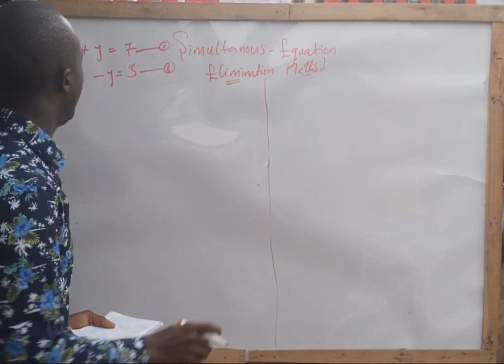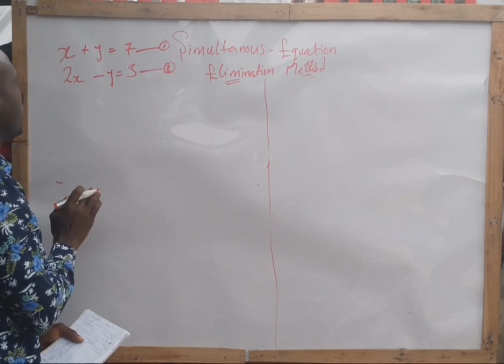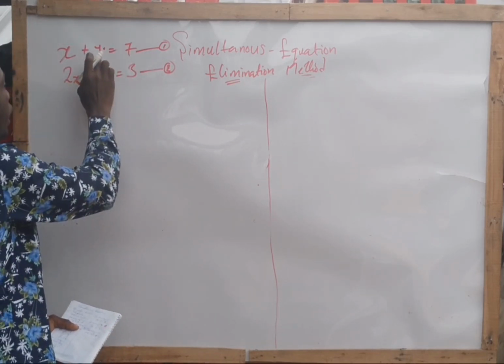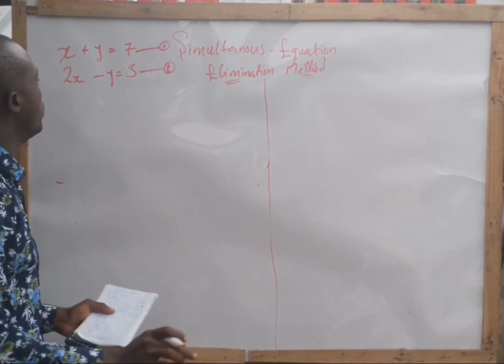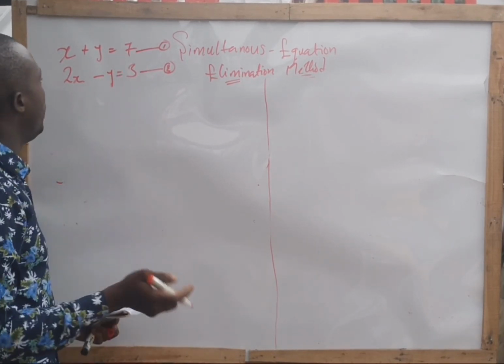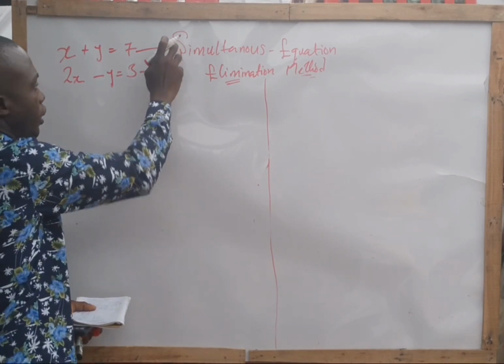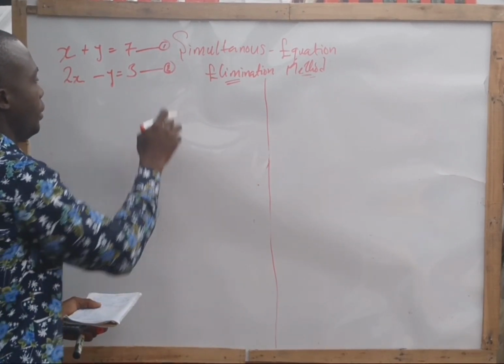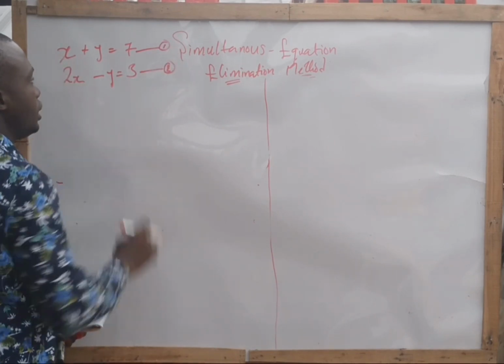So you now look: what am I going to eliminate here? If you want to eliminate y, you can see that y is already standing beautifully on its own. You can decide to eliminate it. But I want to use equation 1 now. Since we started with equation 2 the last time, let's use equation 1 now and eliminate x.